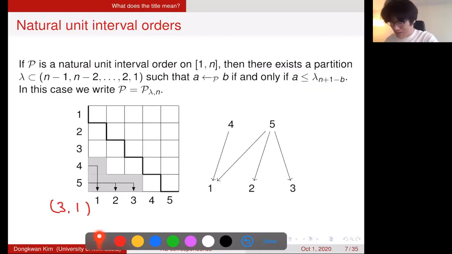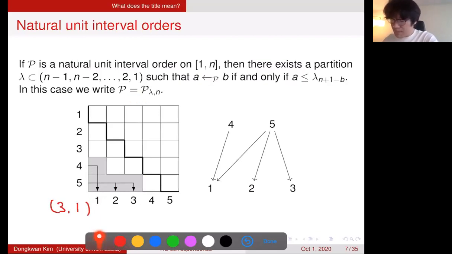But what I mean here is that 1 is smaller than 4 if you have these arrows in this partition. So if you can draw these arrows in this partition, so there are 4 arrows here, then they really give you the correct natural unit order. And in this case, we write it this way.